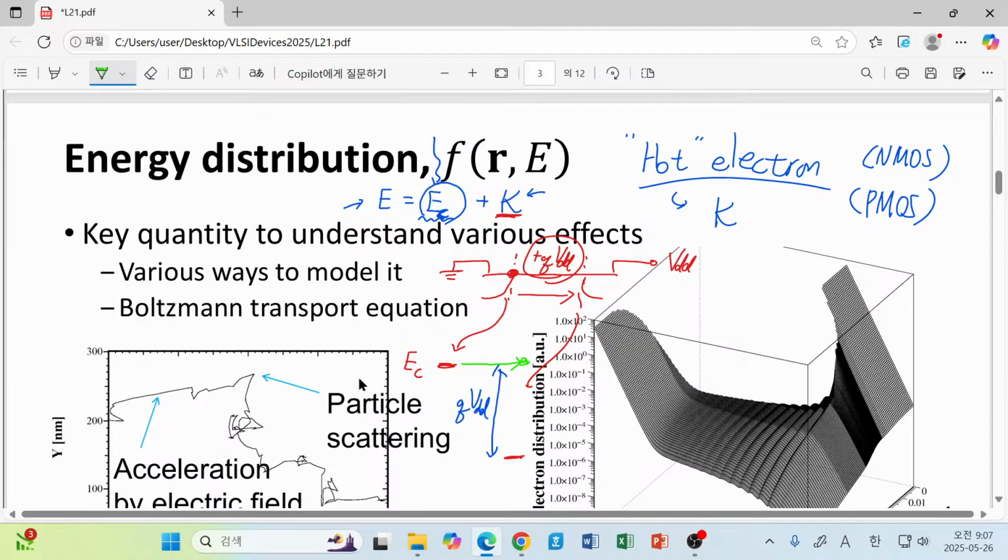However, now some of its original potential energy is transferred to kinetic energy and it becomes really a hot electron. So this is the case.